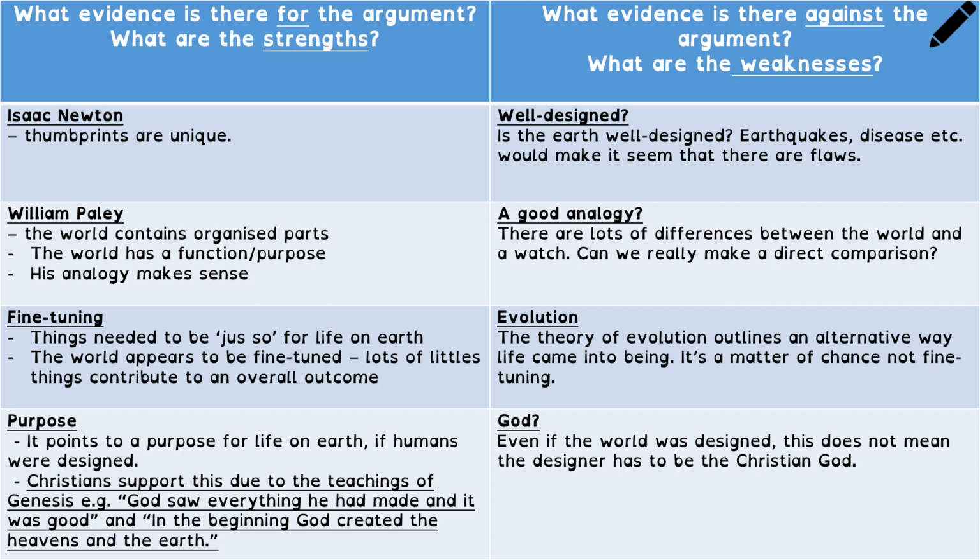The widely accepted theory of evolution also provides an alternative way in which plants, animals, and humans could have come into being, and suggests that they were not designed. Natural selection can explain why animals can camouflage, or why humans are intelligent, because useful genes which make species successful have been passed on to their offspring.